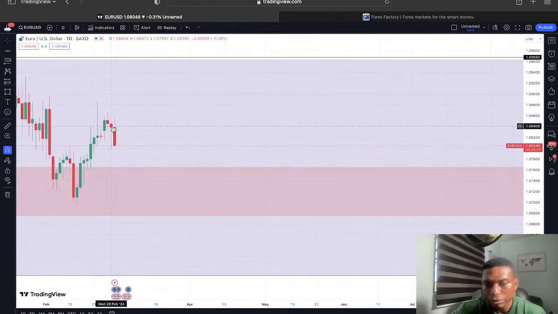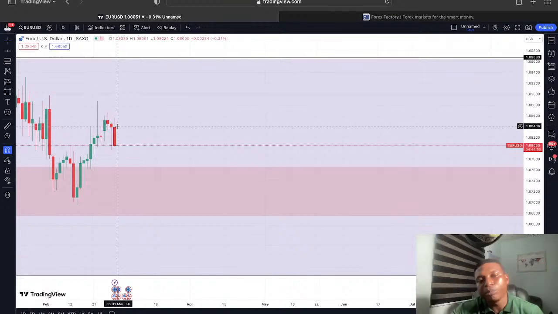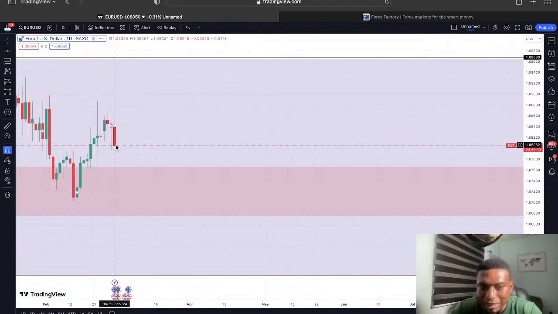Now today we saw that market opened at the previous close, and then went up. Then the sell pressure came in and the market is currently bearish on the daily time frame. The candlestick for today is bearish.